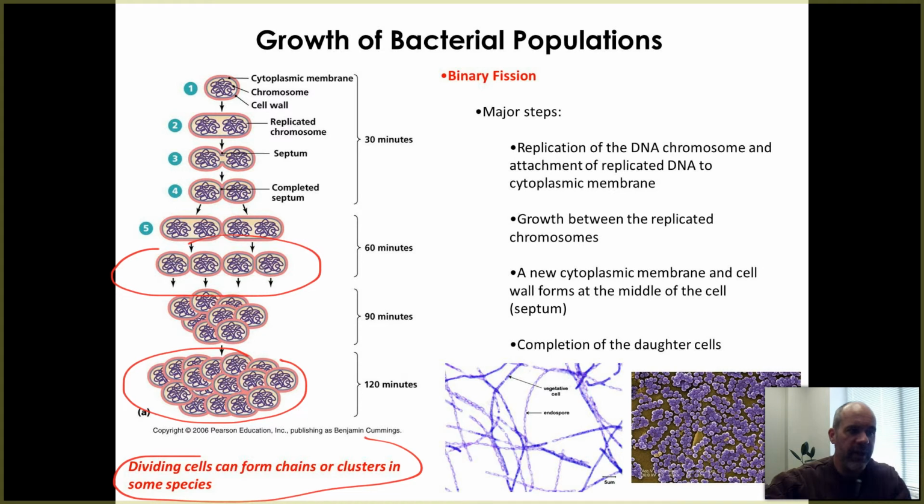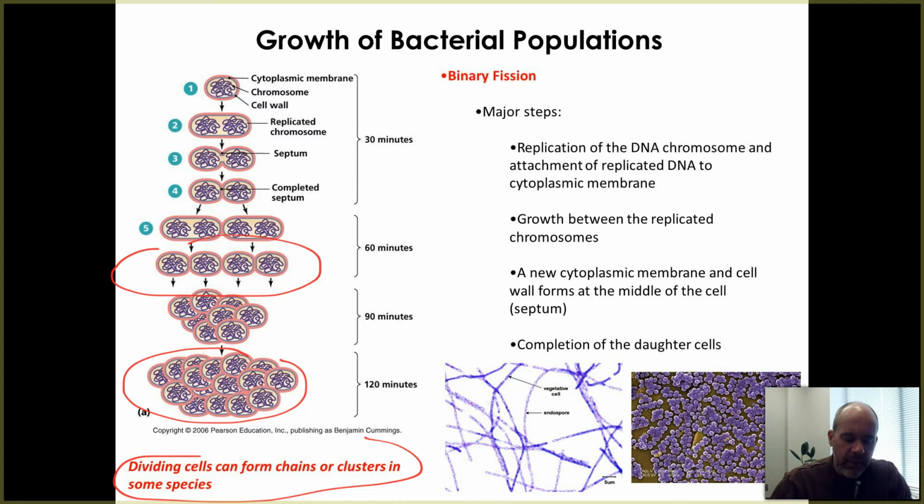So they form a chain. Staphylo arrangement, the clusters, like with Staphylococcus: as the cells divide, the new cells are forming in this direction and then also in this direction as well. So they're going to form a 3D clump or cluster of bacterial cells, and that's what we call a staphylo type arrangement. But not all bacteria do that. Some bacteria separate from each other immediately after they divide.